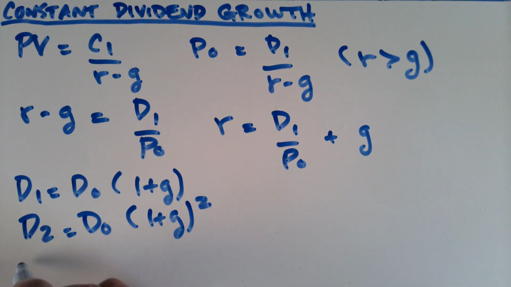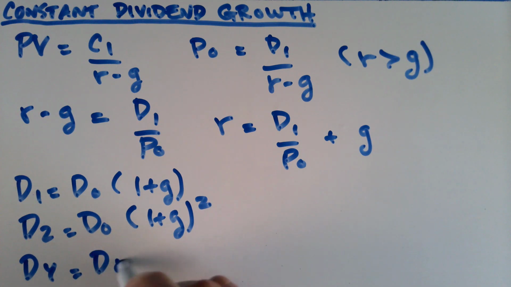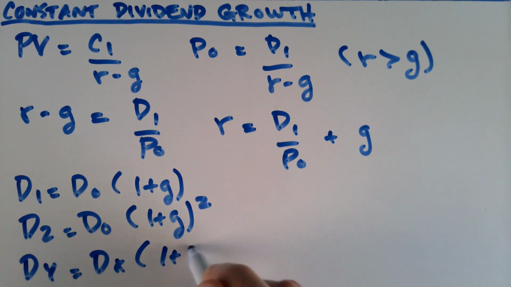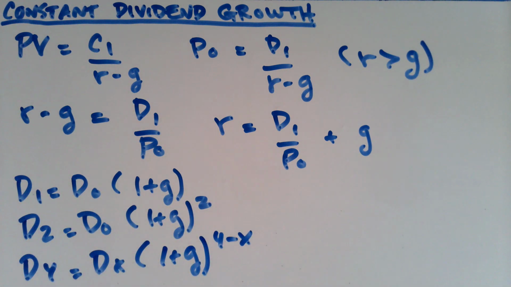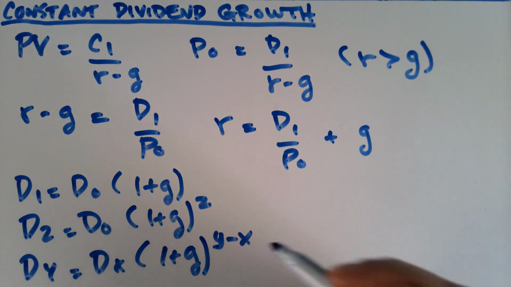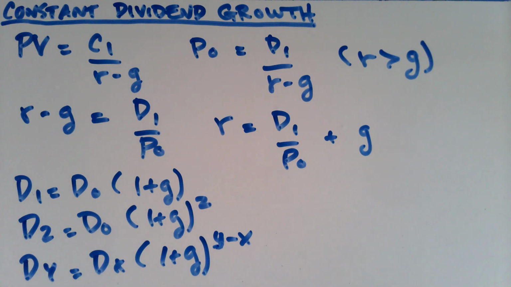And we could generalize this to say D sub y is equal to D sub x times 1 plus G to the y minus x. So here, 2 would be y, 0 would be x, and 2 minus 0 is just 2. And so that's what we're doing with this formula.